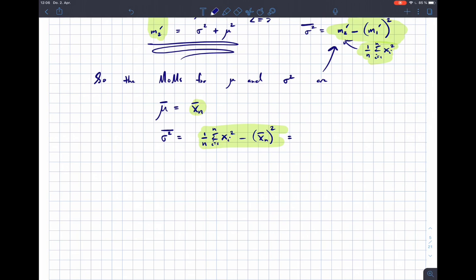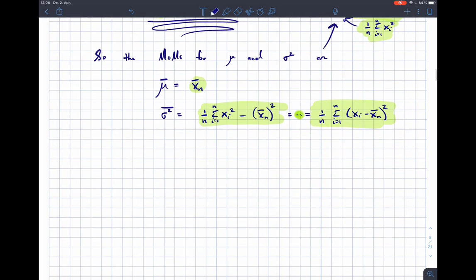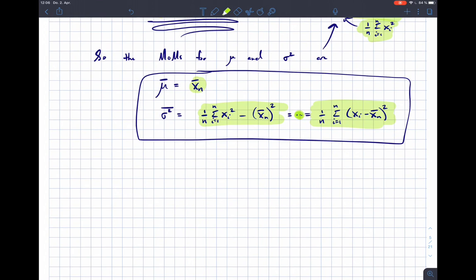By some rearrangement, we can show that this is equal to the sum of xi minus x bar squared, i going from 1 to n. Okay. That's with a few steps that I know we've done at some point in this class. Okay, so these are my method of moments estimators for mu and sigma squared.